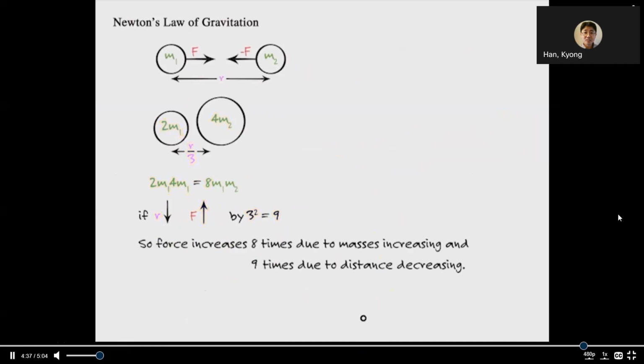Putting these together, the force increases 8 times due to masses increasing, and 9 times due to distance decreasing. So the new force is 72 times greater than the old force. You can imagine many more scenarios, I'm sure. Try it.